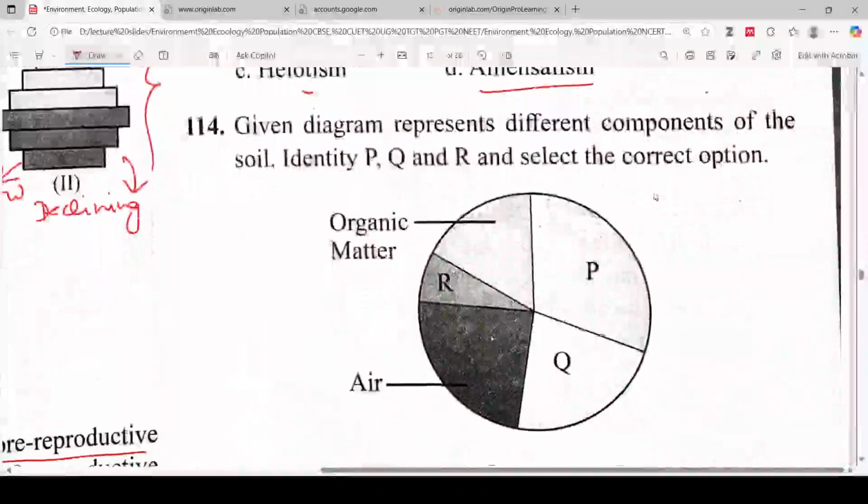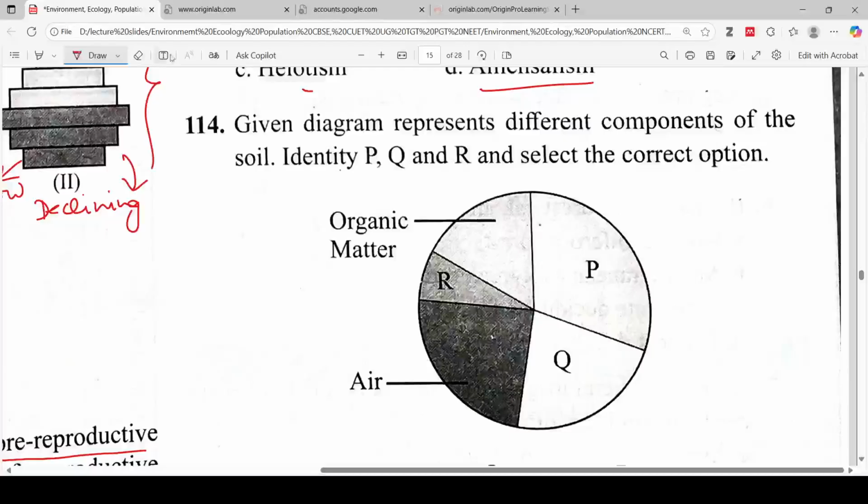Next question: the given diagram represents different components of soil. Identify P, Q, R and select the correct option.